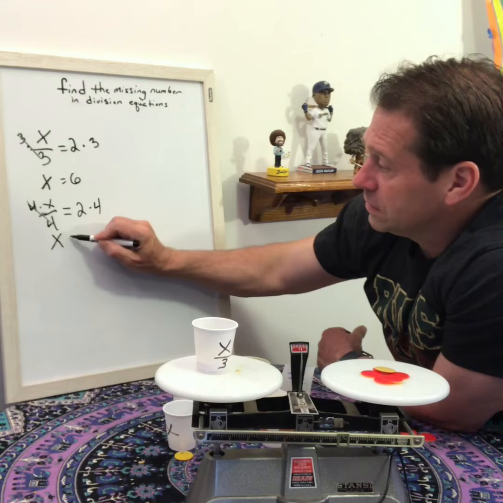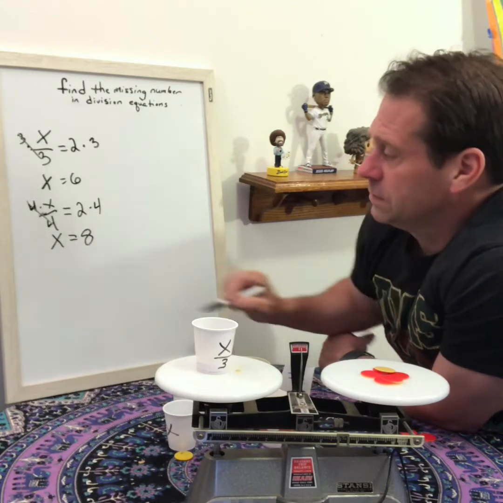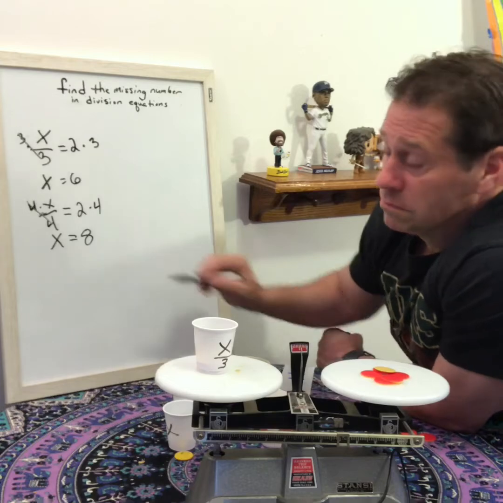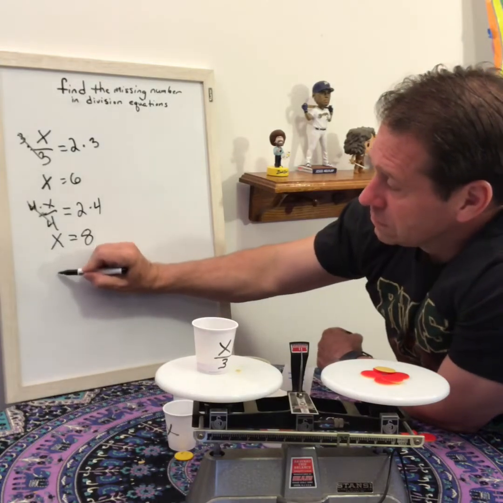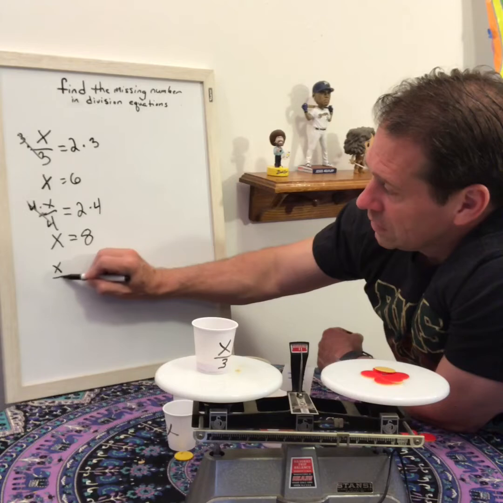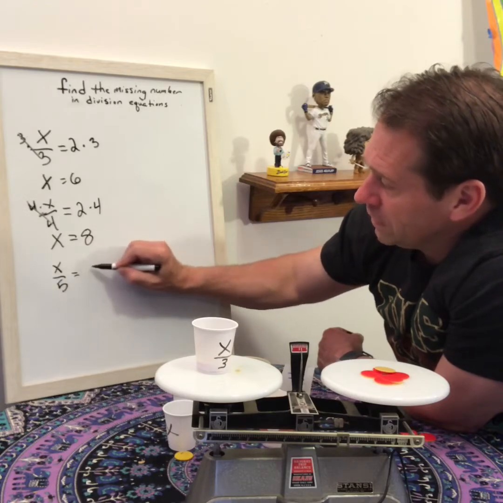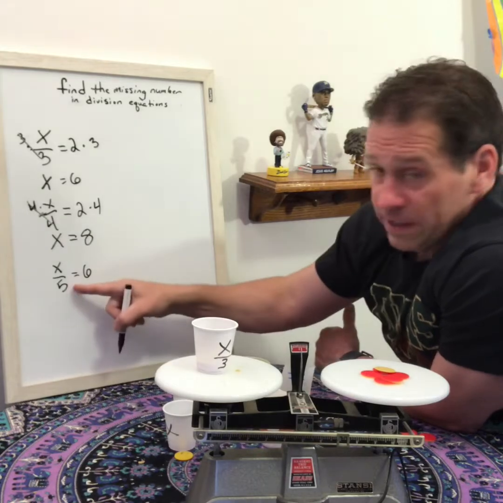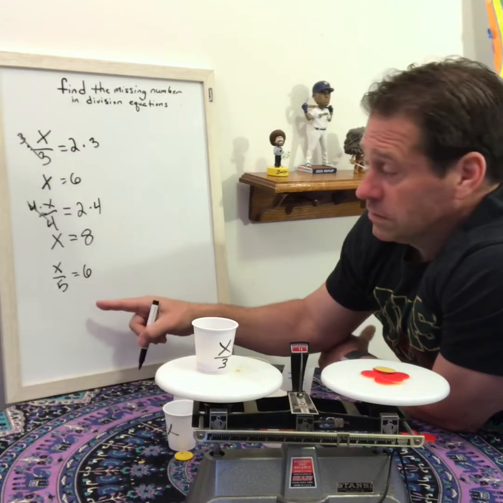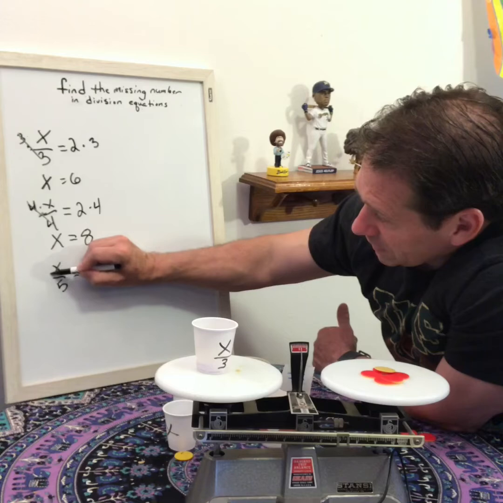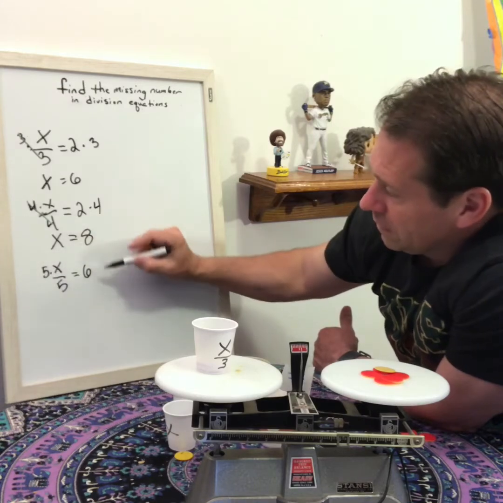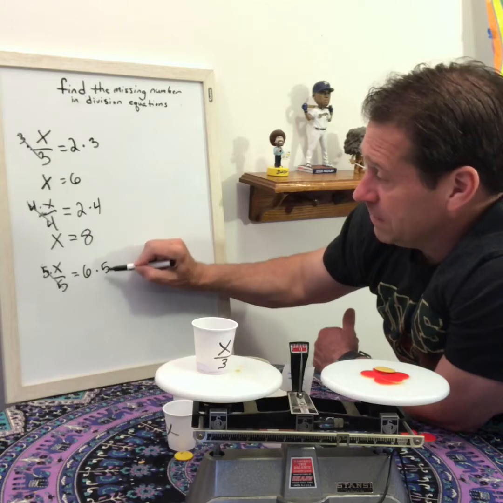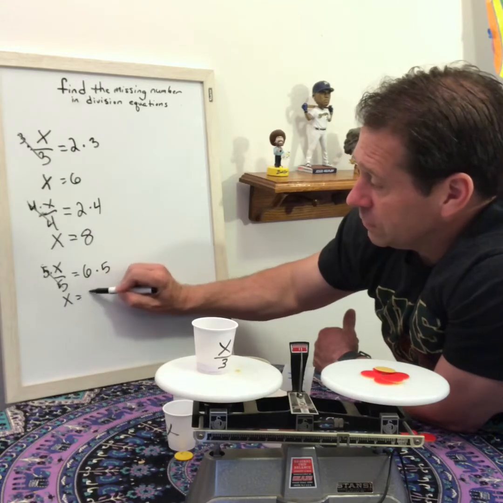So then x becomes 8. Next, x over 5 equals 6. To get rid of that divide by 5, I have to multiply this side by 5. That becomes 1. And then I have to do the exact same thing to the other side. x equals 30.